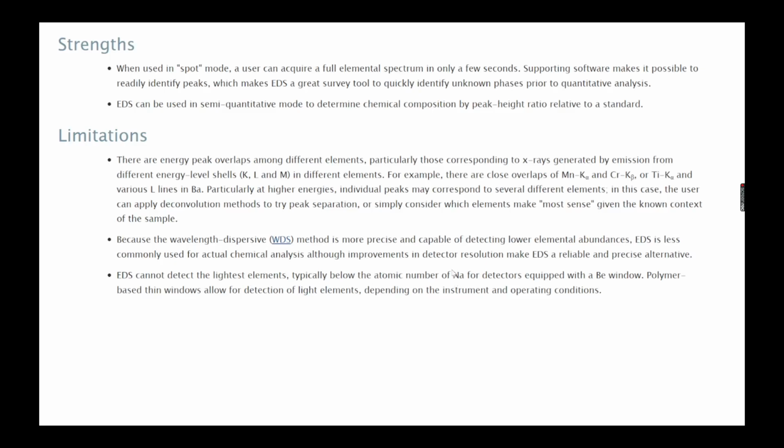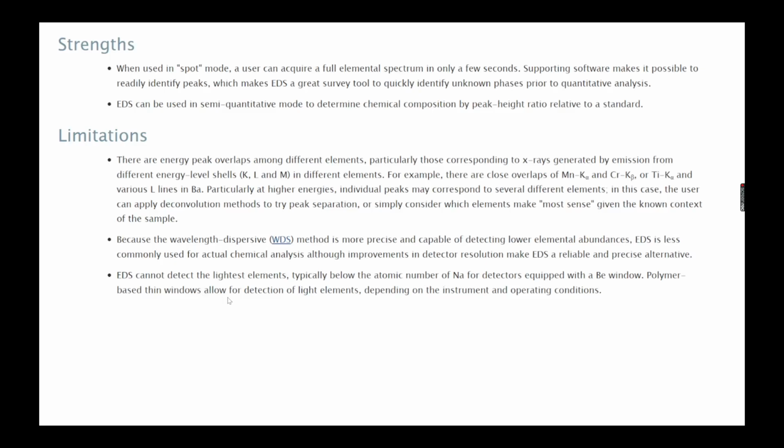The atomic number of sodium is 11. So the elements which have an atomic number less than 11 cannot be detected by detectors equipped with a beryllium window, so here we can't detect elements with an atomic number lower than 11.